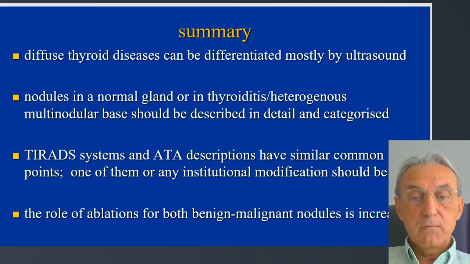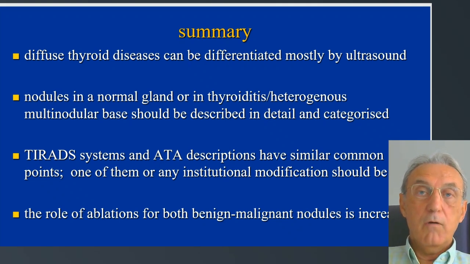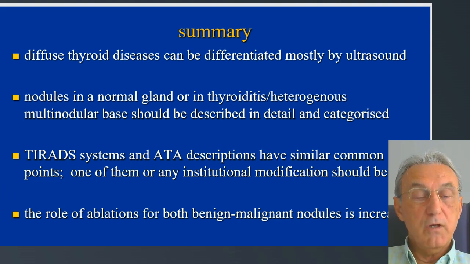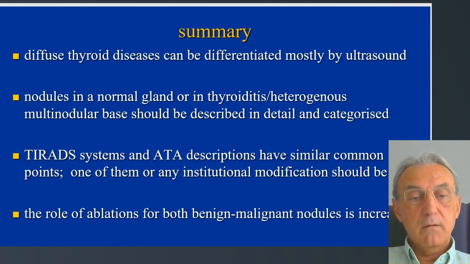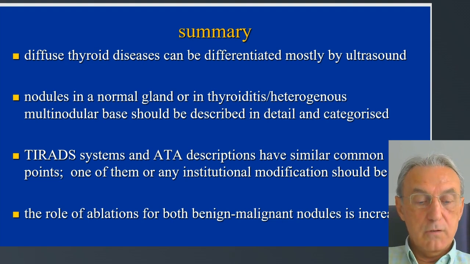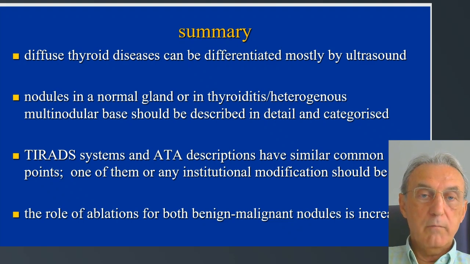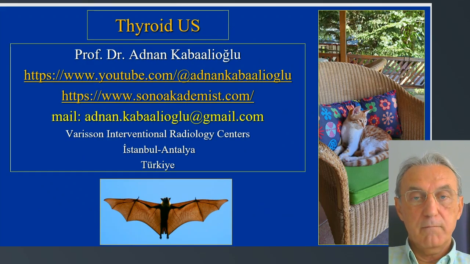TI-RADS and ATA descriptions have similar common points. One of them or any other institutional modification should be used, and it should be stated at the end of the report. The role of ablations for both benign and malignant thyroid nodules is increasing, and surgical methods are decreasing.